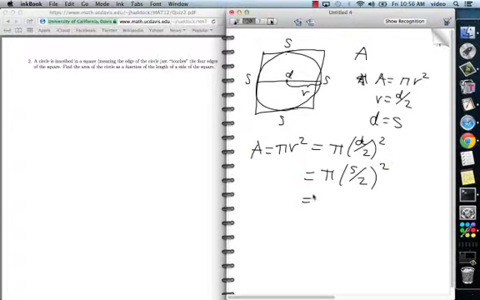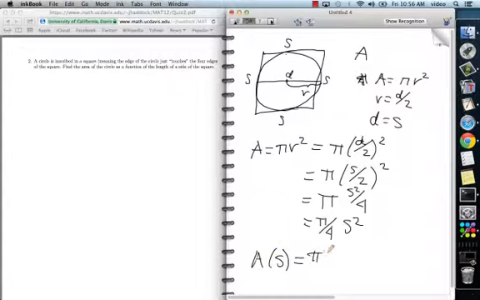Okay, let's just for fun square this out. We get pi times s squared over 4. I like to rewrite with all of my constants out front. So it's pi over 4 times s squared. Now this is a function of s. So the area of the circle as a function of the length of the side of the square S is pi over 4 S squared. Okay.